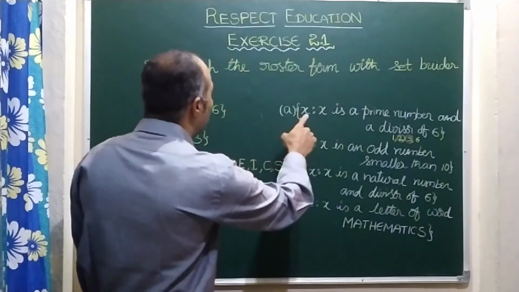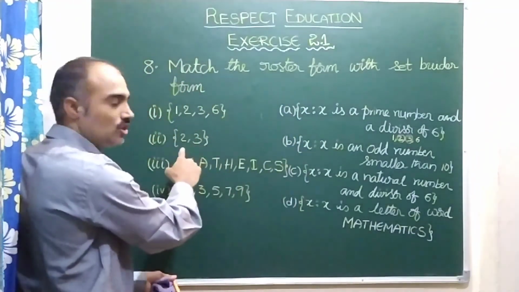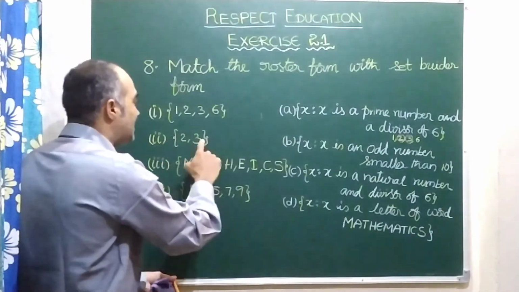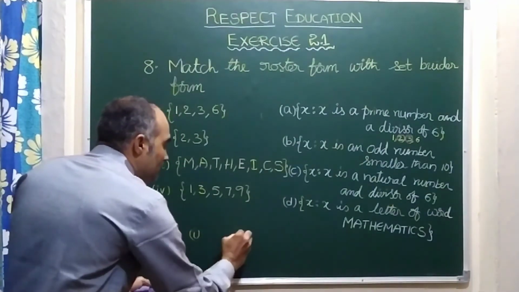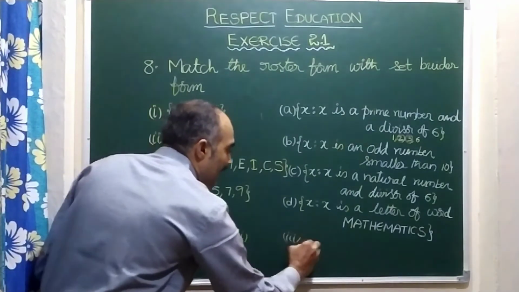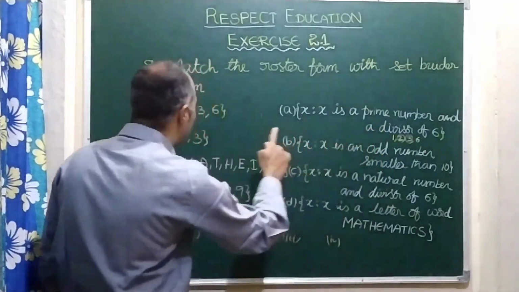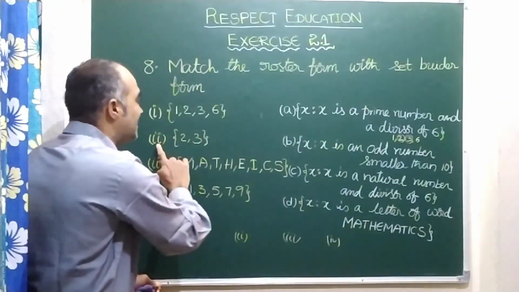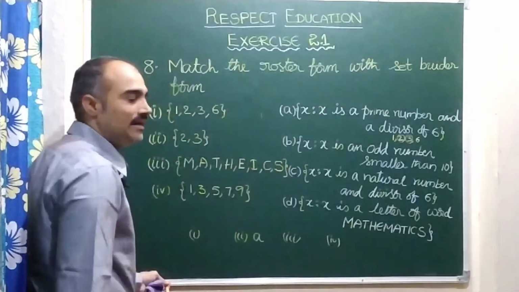So for the second roster form, 2, 3 is suitable. So for the second one, a is the right option. Here I am writing answers, children, for first one, second one, third one, and then fourth one. So here I am writing a, right?